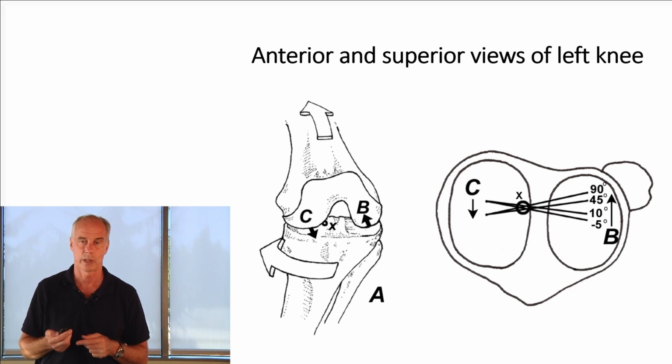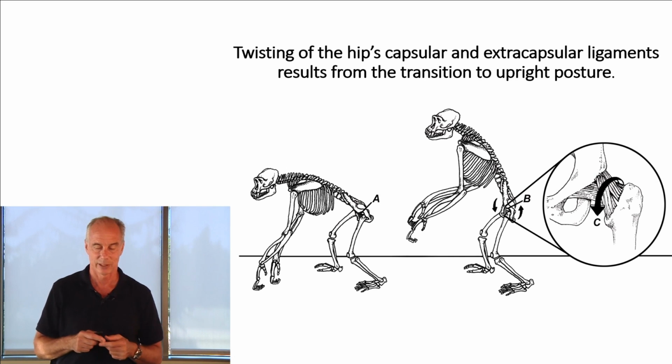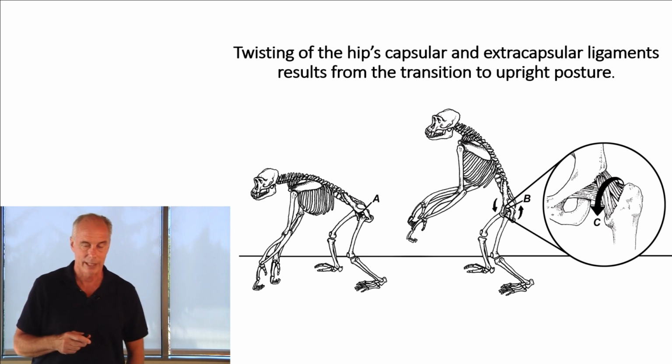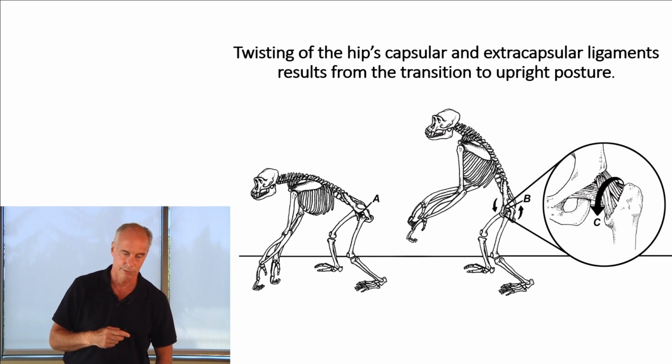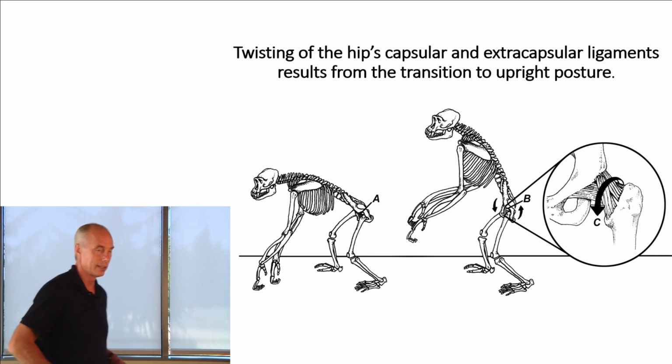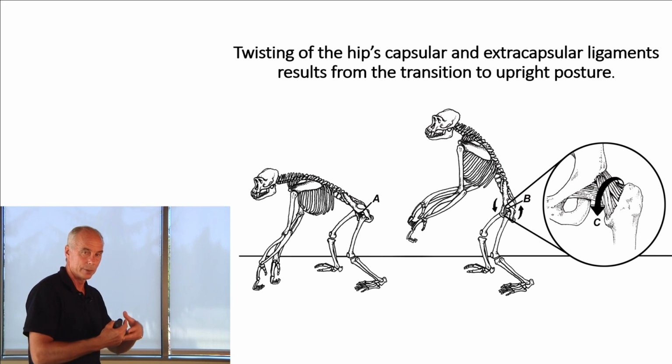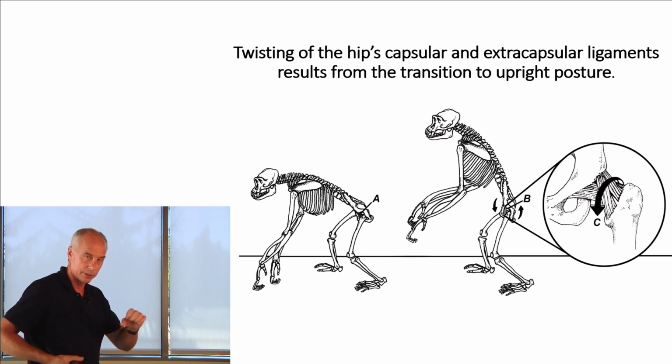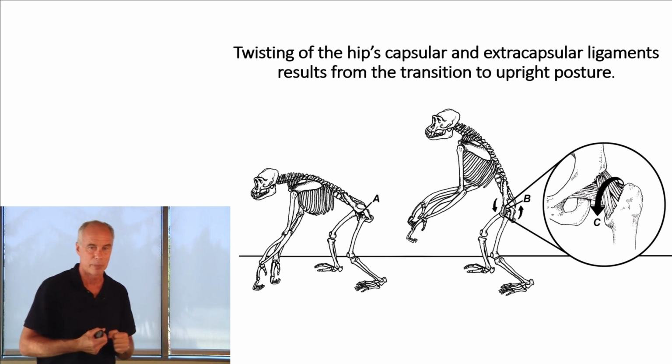This research explains why. This is an illustration that shows the Y ligament of Bigelow, the ligament in the front of the hip, stores and returns energy. When you're running and the leg is extended behind you, those capsular and extracapsular ligaments store some of that energy and return it back.